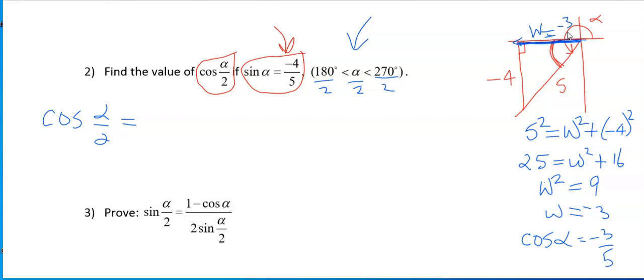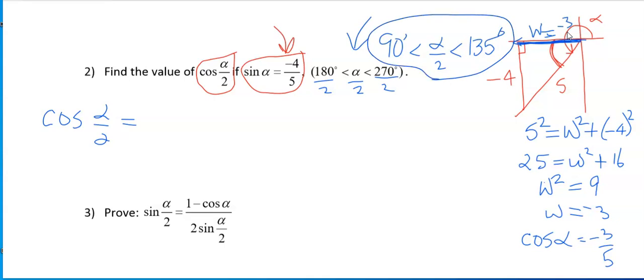So that tells me, now 180 divided by 2, that's 90. 90 degrees is less than alpha over 2, which is less than, and 270 divided by 2, that's 135. Now you see that? There, that tells you where alpha over 2 is located. And 90 degrees up to 135, that's quadrant number 2, everybody.